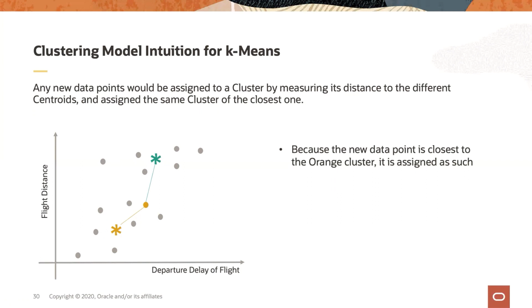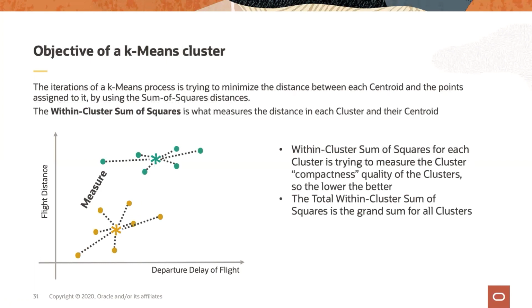Now, when we think about a model of this kind, you can probably also intuitively think about the kind of thing that you're trying to measure. There is something very commonly known as the within cluster sum of squares. That number basically means I'm trying to measure the distance between every point and their own centroid.